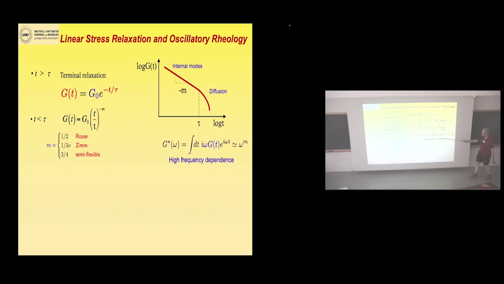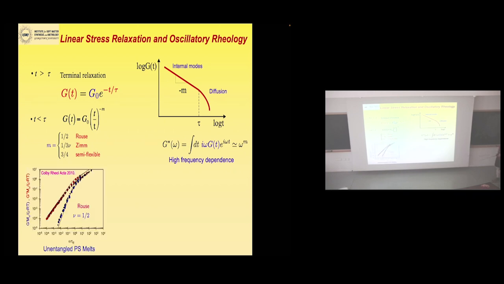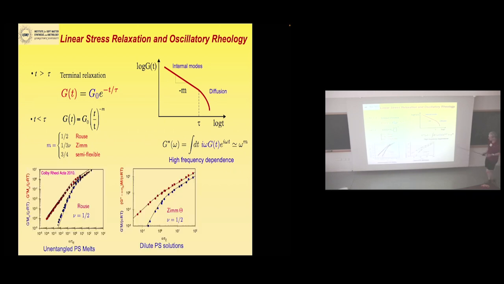What you find is that G of omega goes as omega to the plus m, where m was the same power law that was governing the time decay. Okay. So this is an example from Ralph Colby, who had a couple of papers demonstrating this quite nicely. On the left, I'm showing unentangled polystyrene melts.